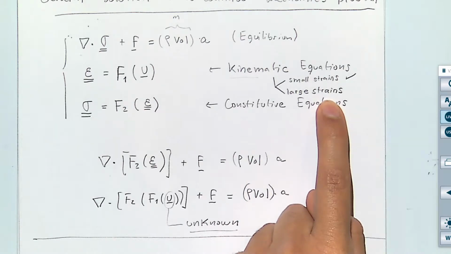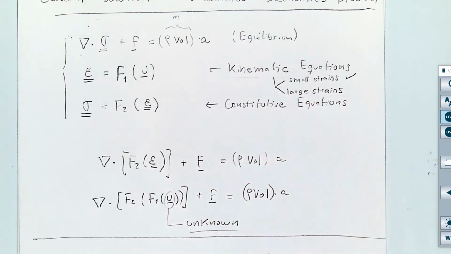For example, if you want to model how a salt diapir moves over millions of years of time and how it rises and goes through sediments, probably you need large strains. Okay, you cannot do that with small strains.